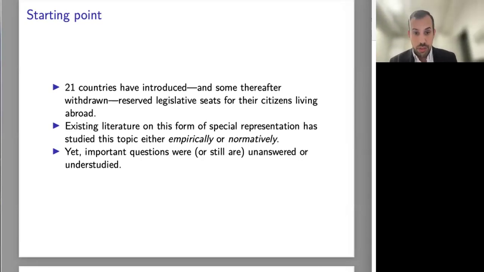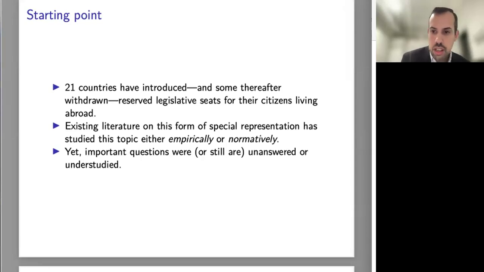This type of representation, of course, is really niche as compared to other political transnational practices. So despite its limited scope, there are several contributions, both empirical and normative, that we can mention here.